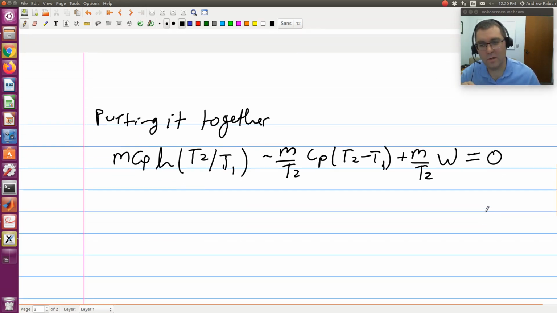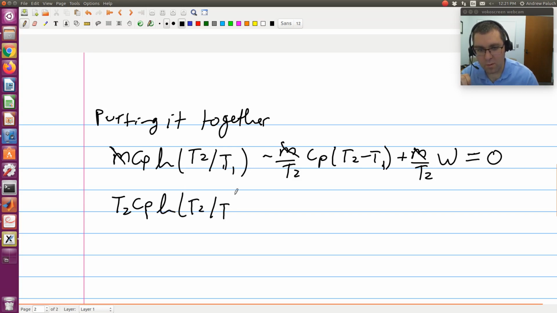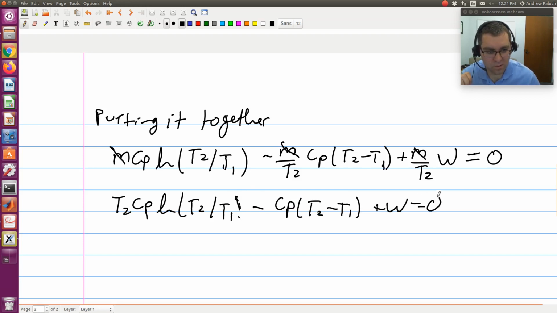Okay. The first thing I'll do is divide through by m, so I'll kill m. Okay, so that's great. And then I'm going to multiply through by T2 just so I can isolate W. So I'm going to have T2 times Cp log T2 over T1, minus Cp T2 minus T1 plus W is equal to 0.